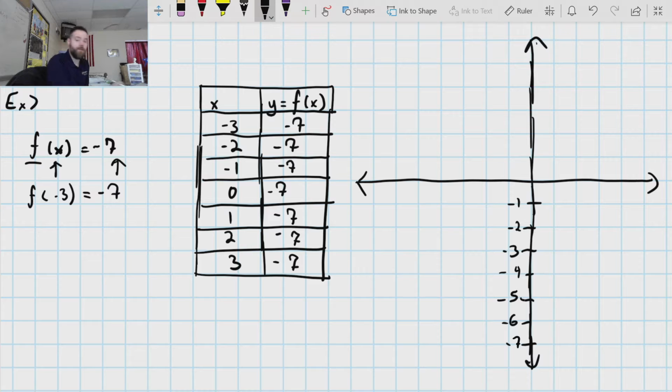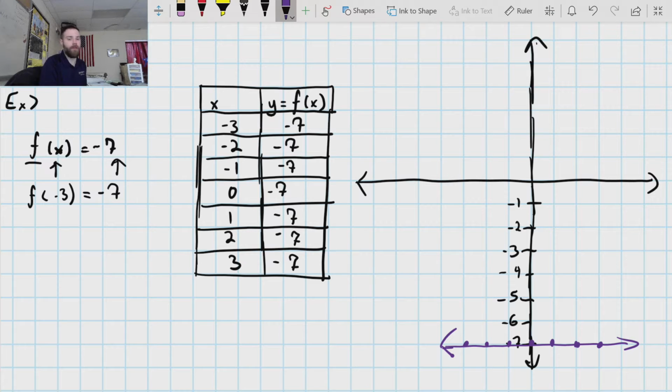So I'm going to graph negative 7. And that's all the constant function looks like. So f of x equals negative 7 is an example, okay?